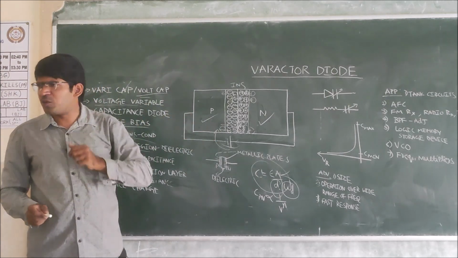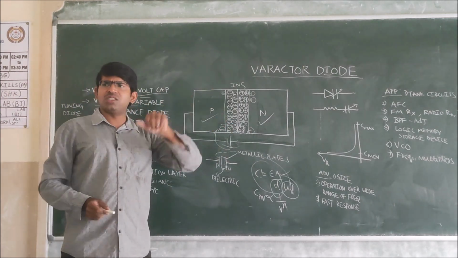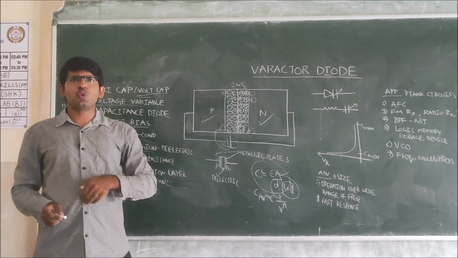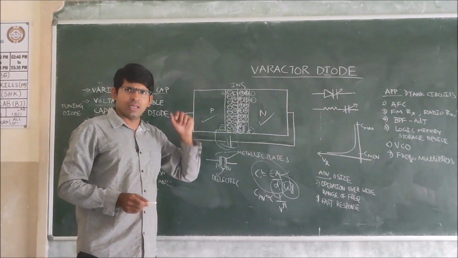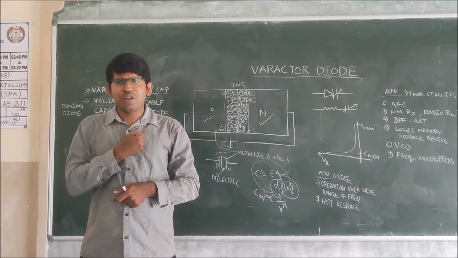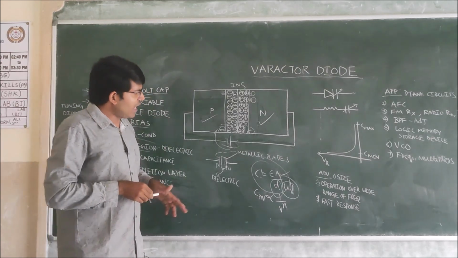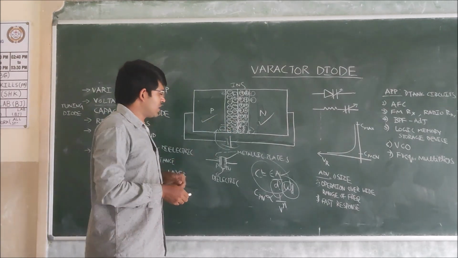All these names we have discussed: potential barrier, space charge region. Whatever name we may call it, the final term we give it is capacitor. So this is a variable capacitor.